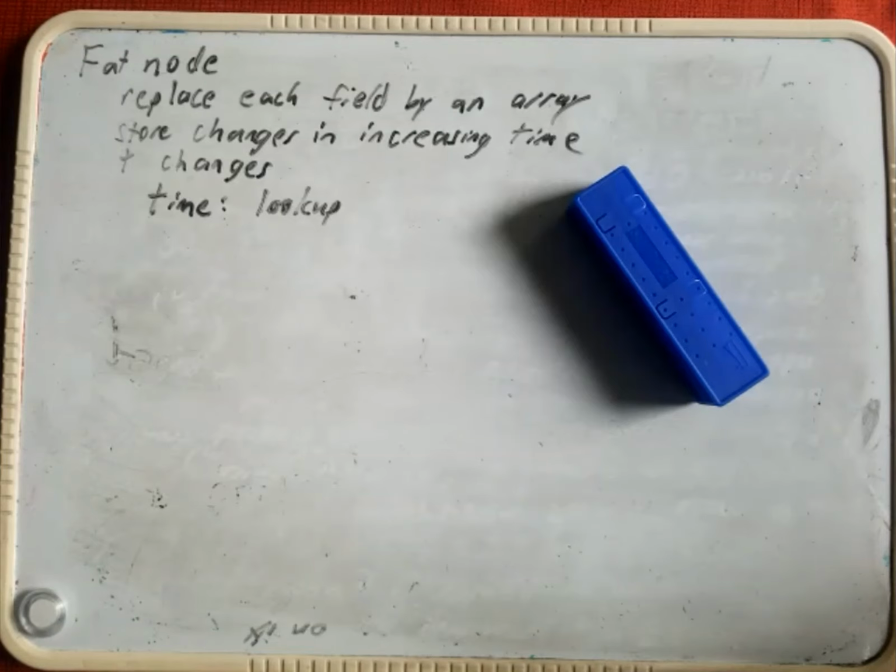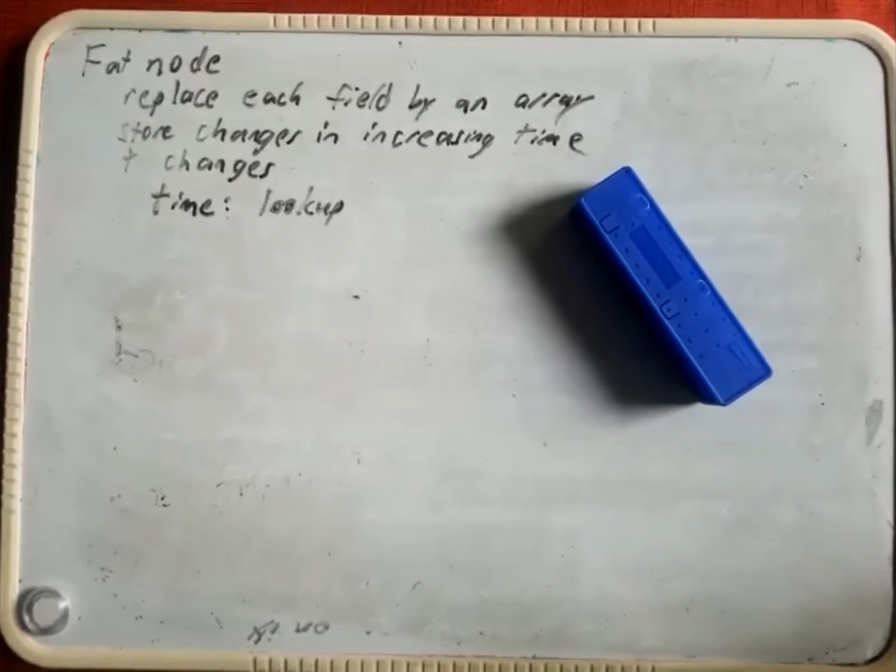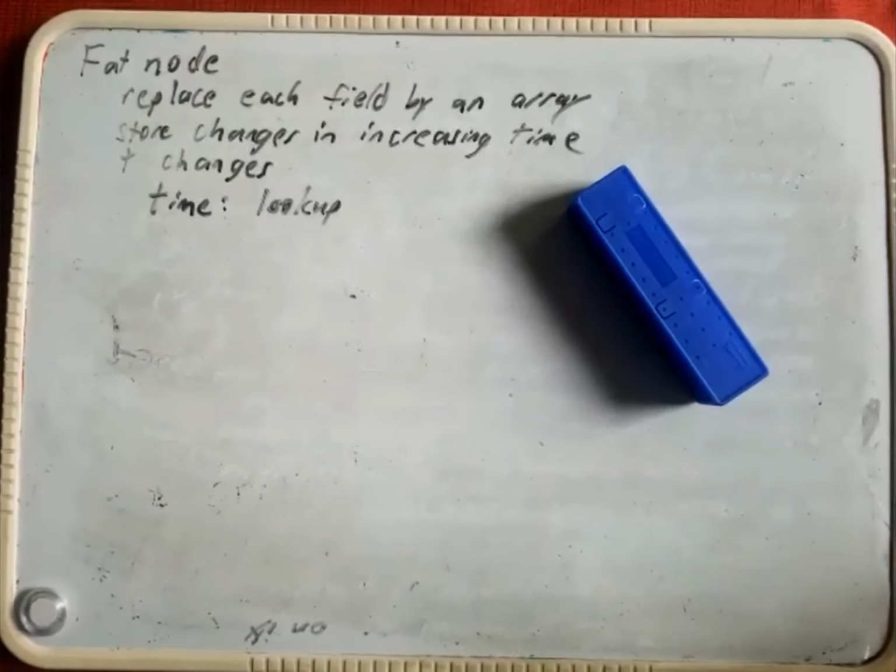If we're going to make a query about what the value of this field was at a particular time, how would we do that? O of log t with binary search.